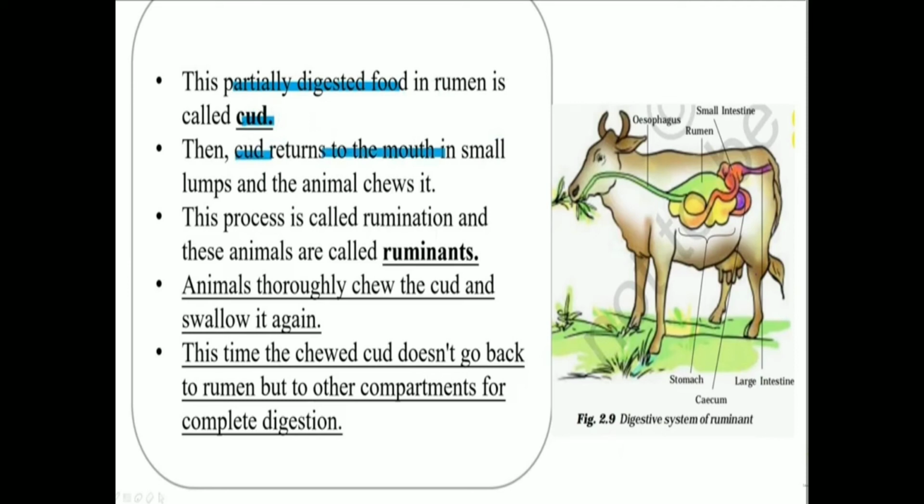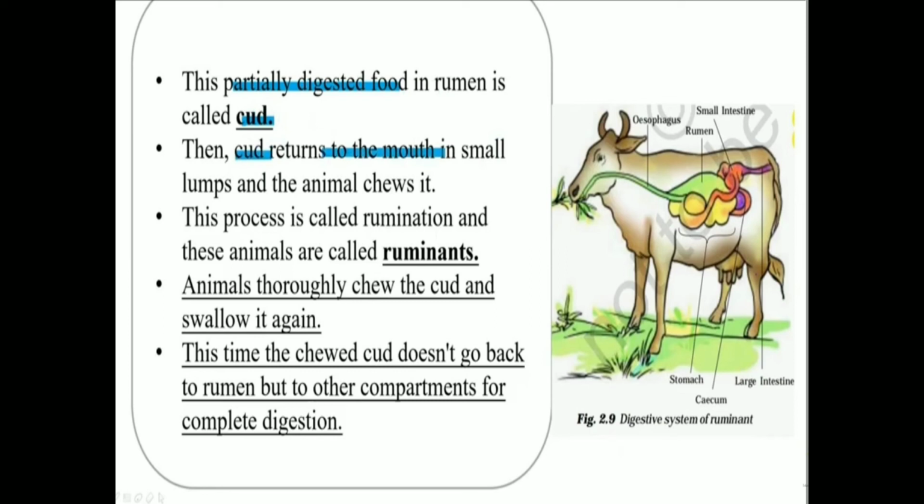So what we said is that firstly, when they eat grass, they will not chew it, just swallow it, and store it in the rumen. Then the cellulose is digested, and after that the food returns to the mouth in the form of small lumps, which is called cud. Then the animal will chew it.